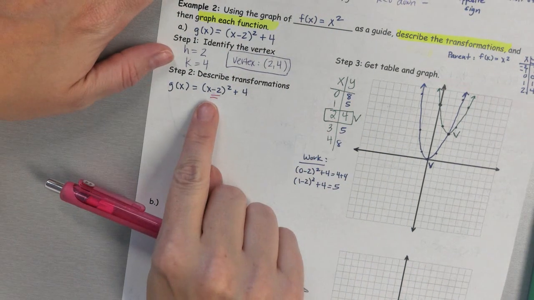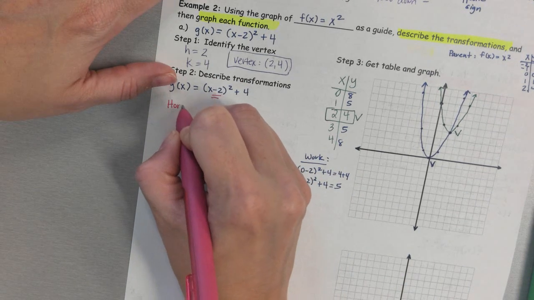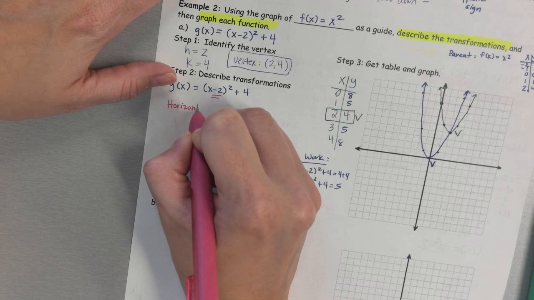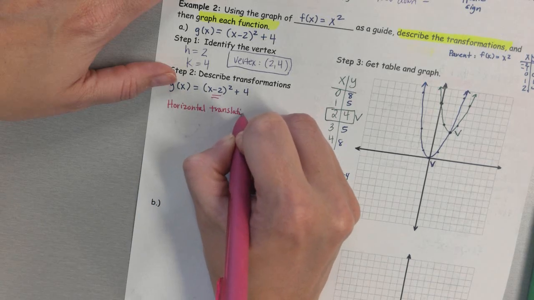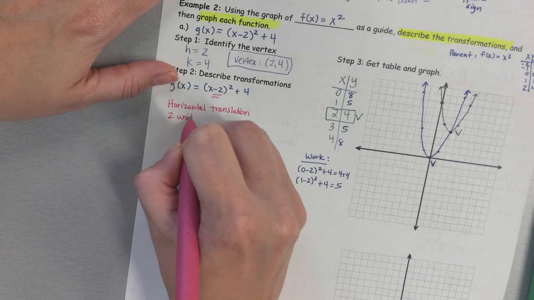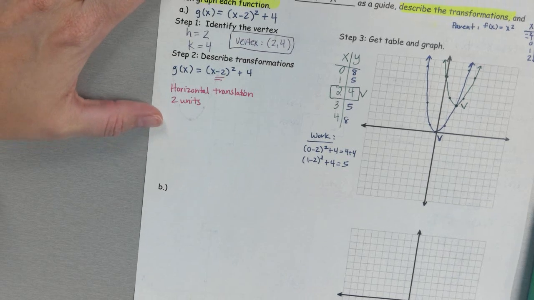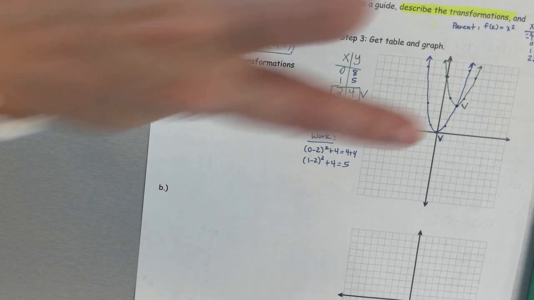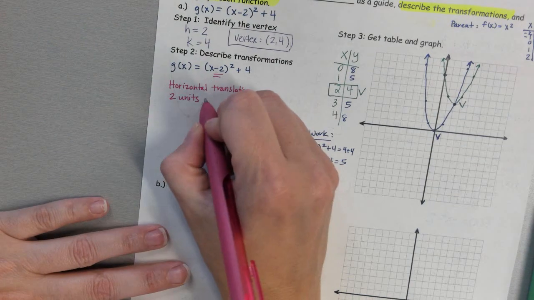I always double check here. So if it's a negative 2, that's inside. I know it's a horizontal translation 2 units. Now this is something that some of us had trouble with in the last unit. So remembering if it went right or left. So this can help you. Right? Now you can see it's to the right.